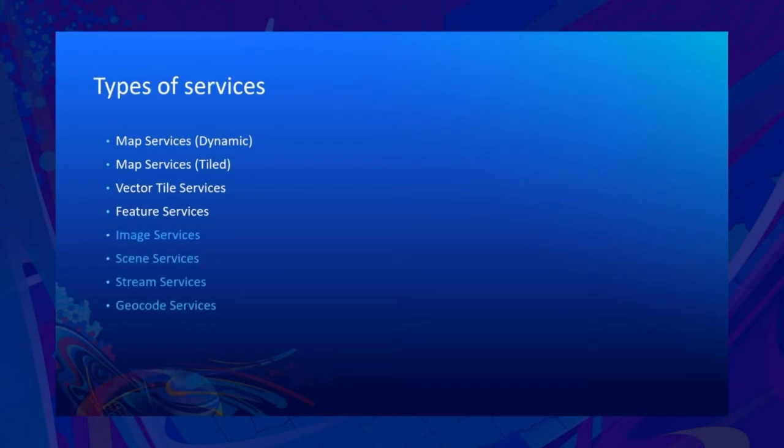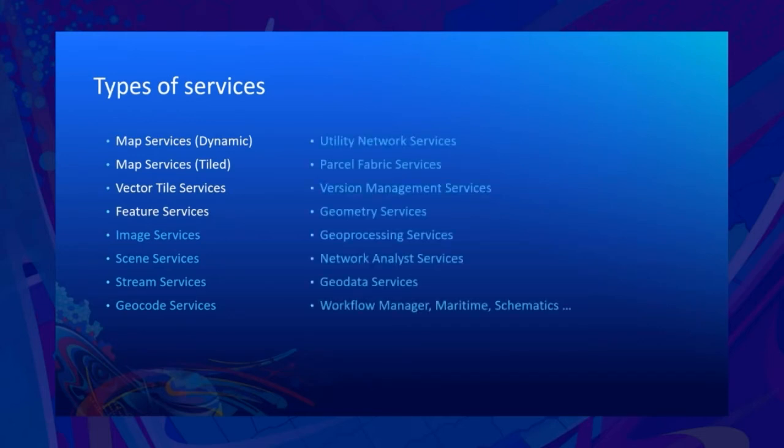As I mentioned, there's a lot of other services, some of which I've actually mentioned as well. There's things like image, scene, stream, and geocoding services. That doesn't even begin to cover the wealth of additional, even more specialized services. We're not going to cover those in detail right now. We simply don't have the time. We'll focus on the meat and potatoes of GIS web services: map, vector, and feature services.